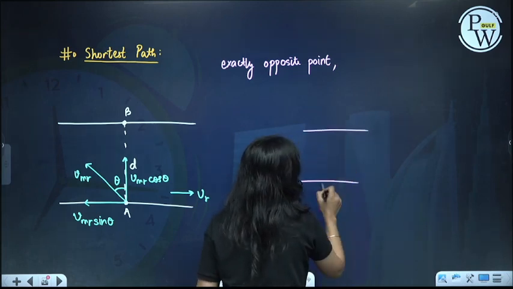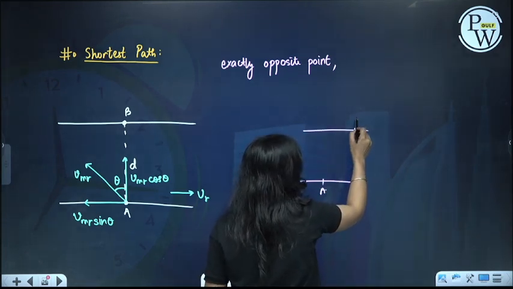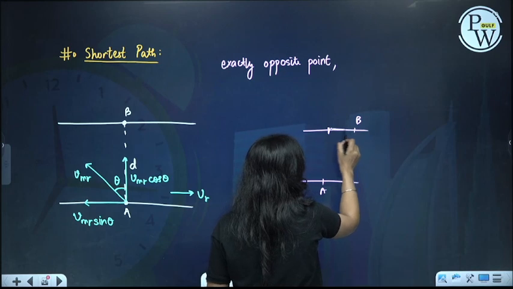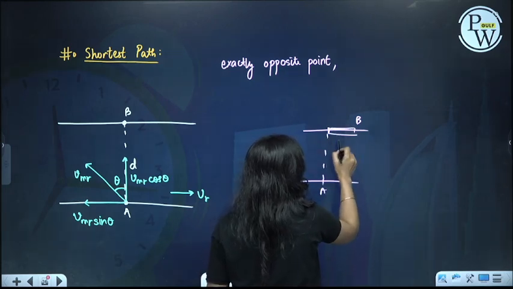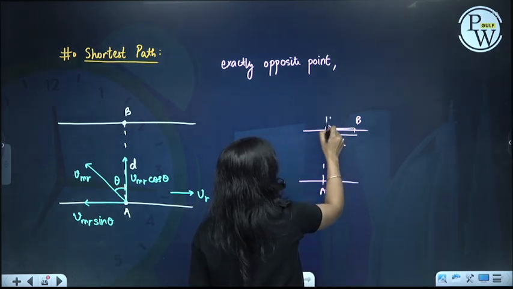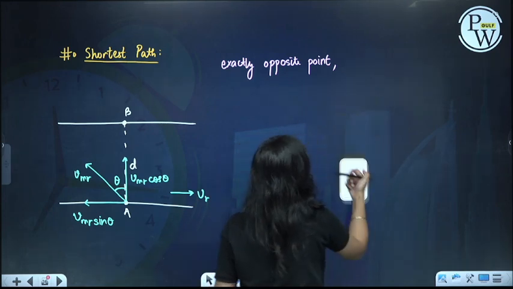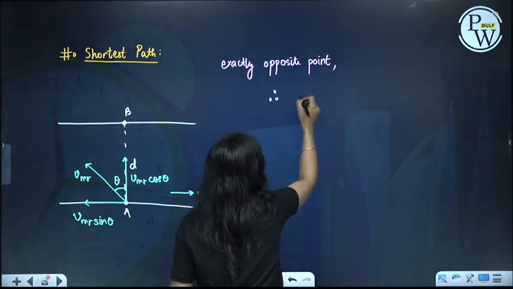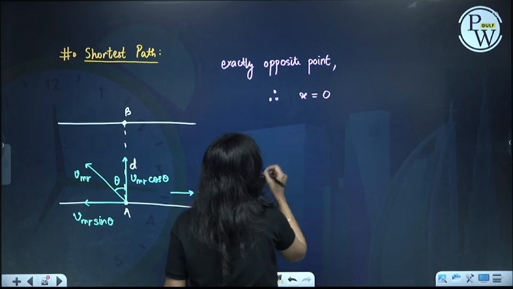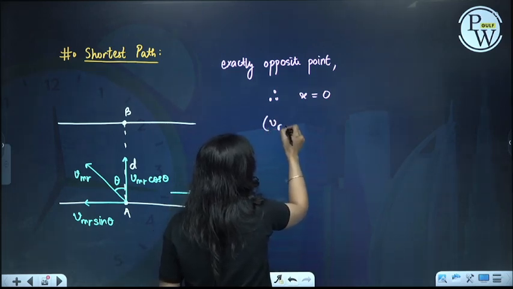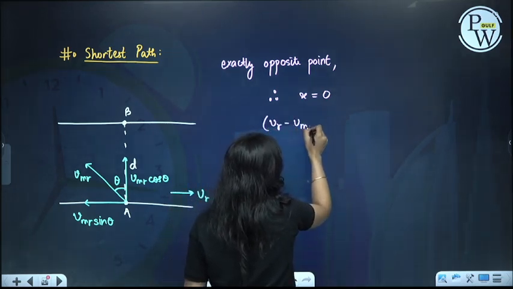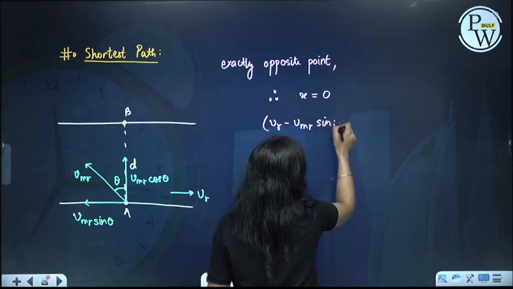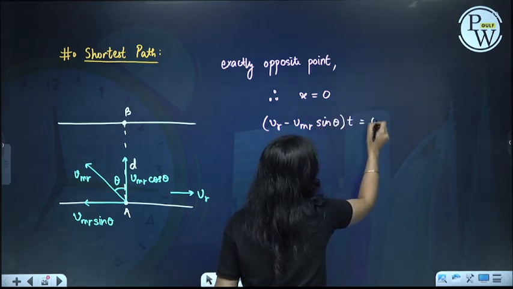If I started from A and I reached B, then this distance AB is called drift. If B is over here only, drift will be 0. Therefore, drift is (VR minus VMR sin theta) into t, equal to 0.